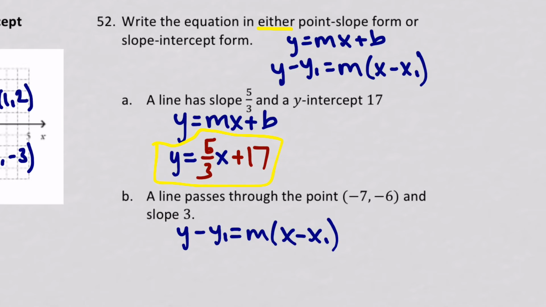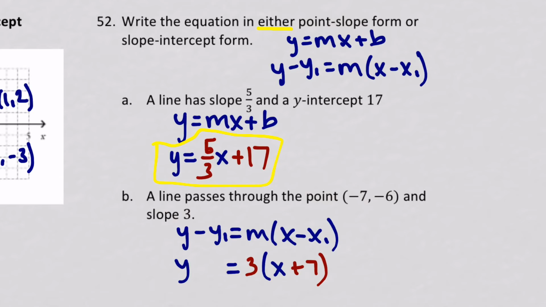In place of m, I am going to write the slope, which is 3. In place of x sub 1, I am going to plug in negative 7. So minus negative 7, think about the way that works, and you should see that it actually gives you x plus 7.